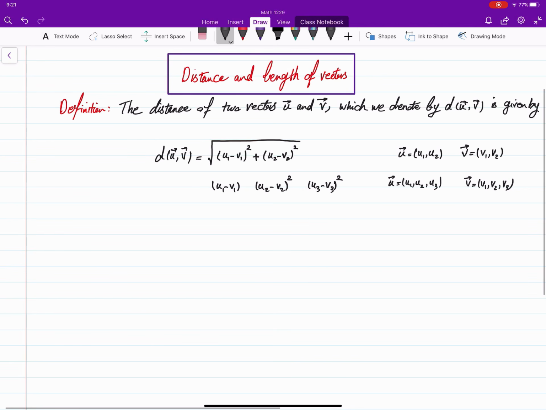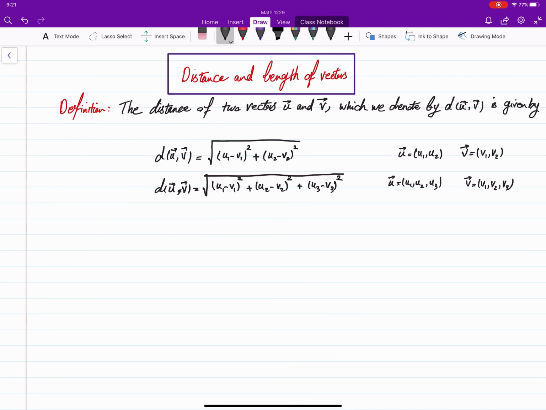Square them, each one, add them, and then find the square root. And this is the distance for the vectors in R3.